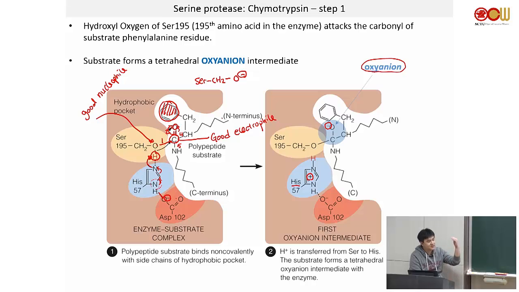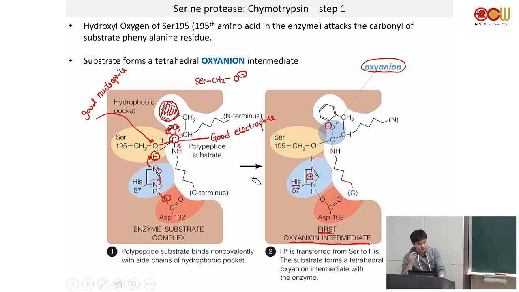And so it's increasing the pKa of that particular nitrogen, or that particular proton right there, this one. Right? And then what you have is the first oxyanion intermediate. So this guy is sort of stable, right? And then, somewhere here, that's the transition state, okay?